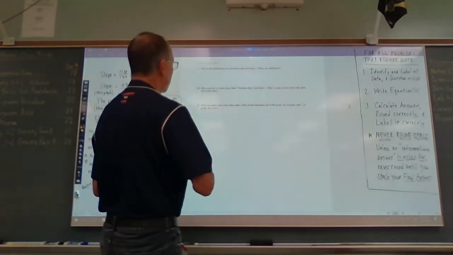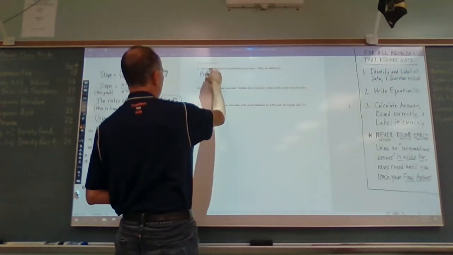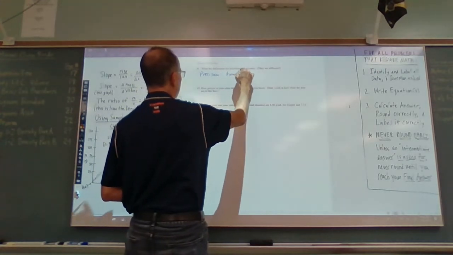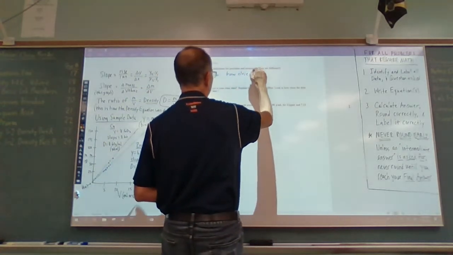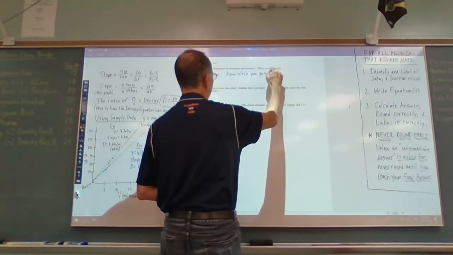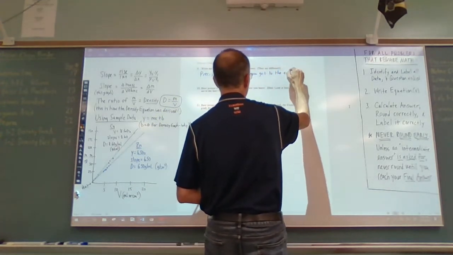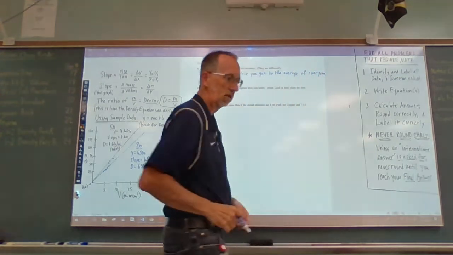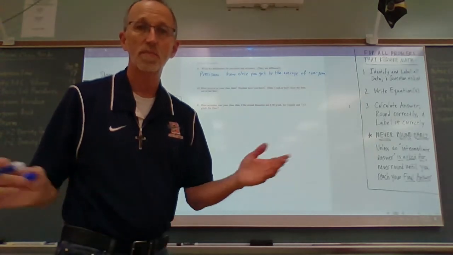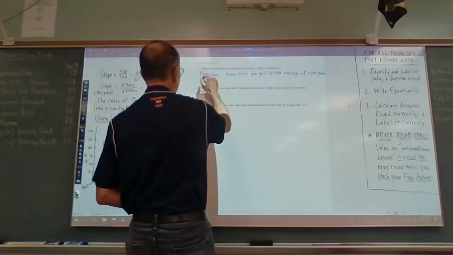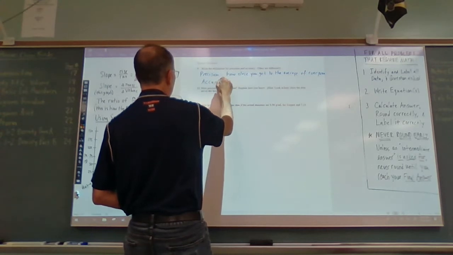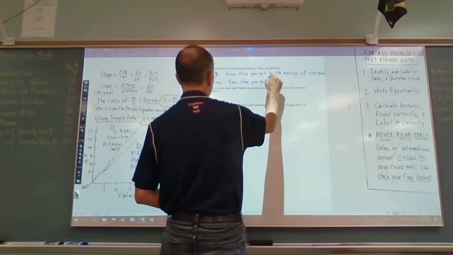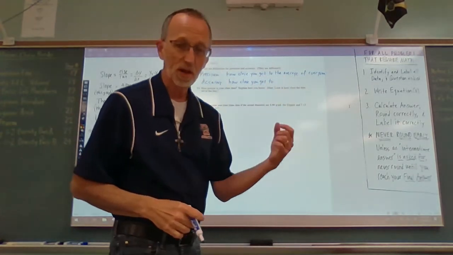So remember, precision, I'll paraphrase this, is how close your measurement is to the average of all the measurements that were made in the same way. And accuracy is how close you get to what you're supposed to get.